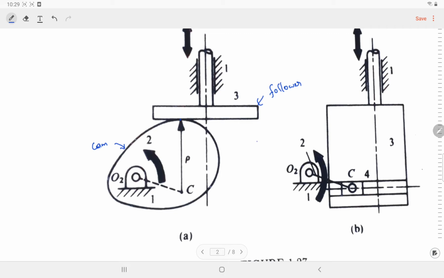As a result, we have to somehow construct an equivalent linkage, an equivalent mechanism, and in order to do that, we have to construct the center of curvature, and that is this particular point. So what will I do?